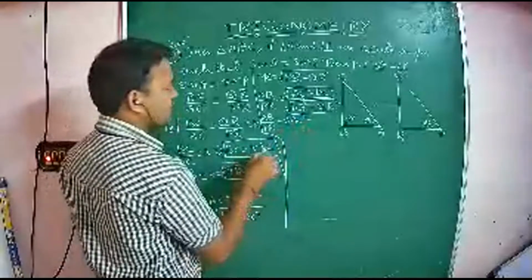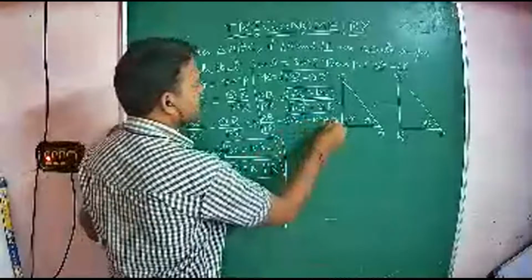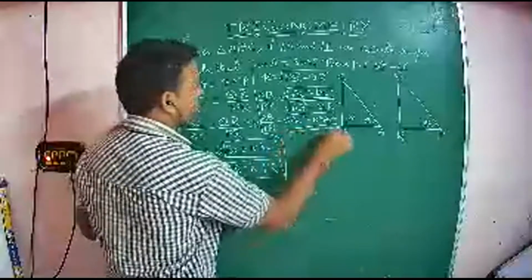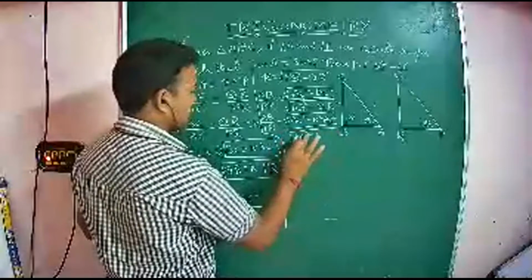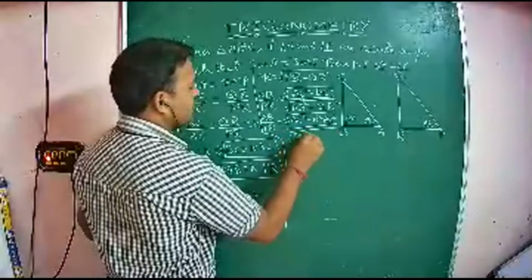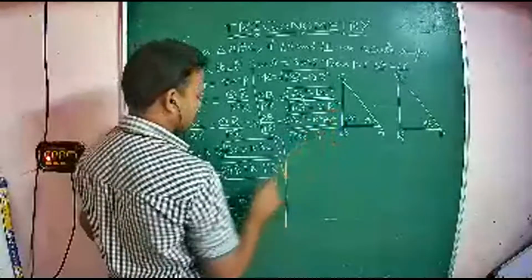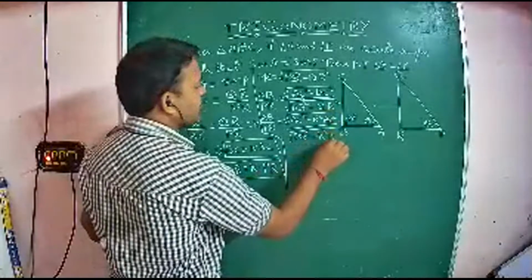BC is K into AC, so BC square is K square into AC square, by the square root of PQ square minus QR value. QR is equal to K into PR, so K square into PR square.